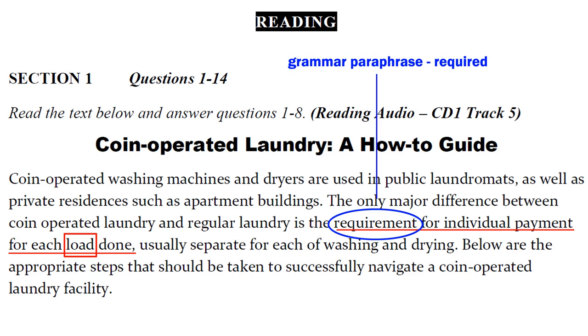Notice here the word requirement. In the question, the word is required. So here, the paraphrasing is grammar. So changing the noun requirement to the verb required. And if I can see that paraphrasing, it will make it easy for me to find the correct answer.